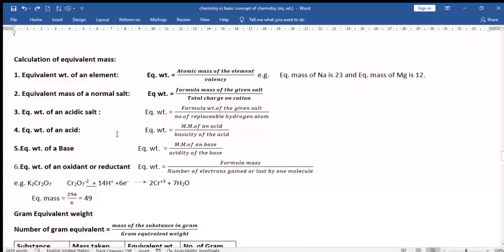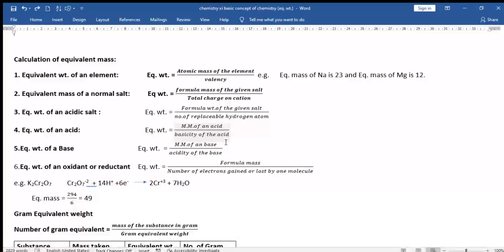Next is the equivalent weight of an acid. We all know that an acid, when ionized, furnishes or produces some hydrogen ions in the solution. That number of hydrogen ions is known as the basicity of an acid. So if we know the molecular mass of the acid and the basicity of the acid, we can find out the equivalent mass of the acid.